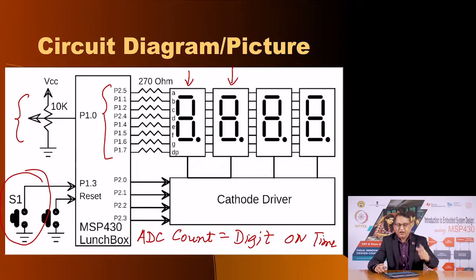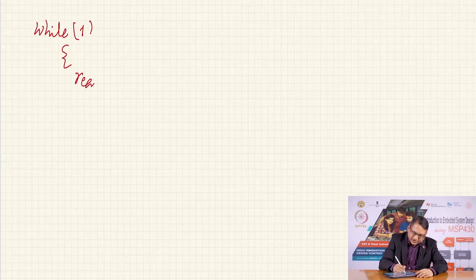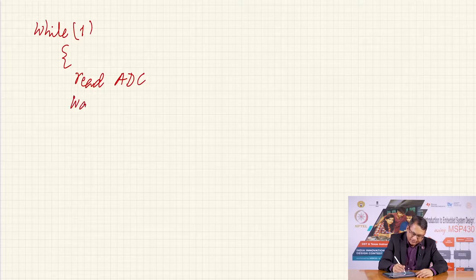How? So, we write an infinite loop like this, while 1, and then in that loop we say read ADC, read the appropriate channel of ADC, then wait for the switch to be pressed.